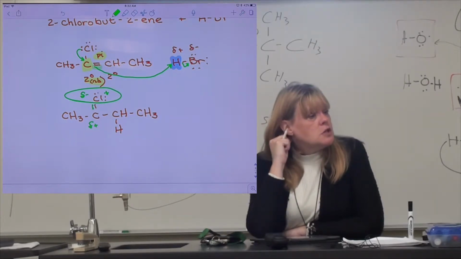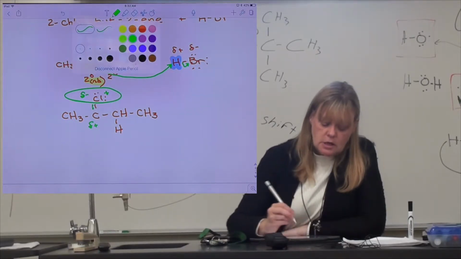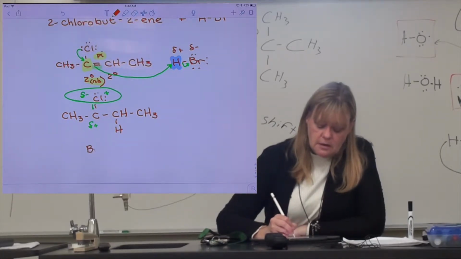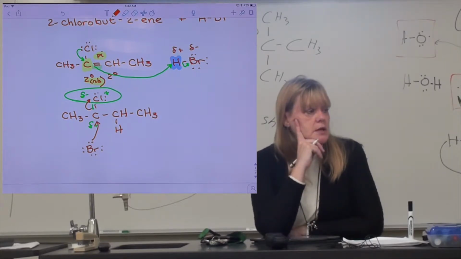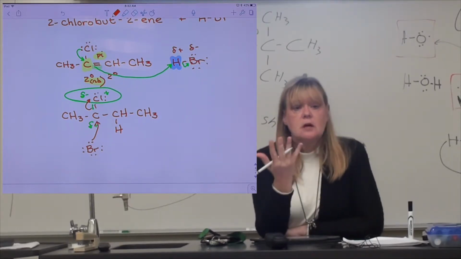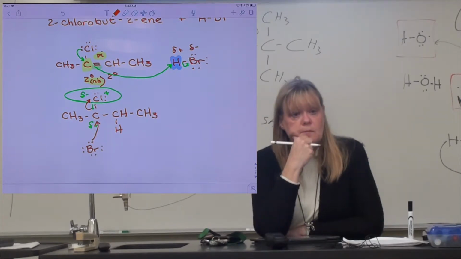So it's going to want to do something about it. So you still will take something that's electron rich, like the bromine and its electron pair, and react it with a carbon to give it a fourth bond so that it doesn't have to walk around with that double bond there all the time. So you treat it the same way as a carbocation, it's just that you have a stabilization feature in the middle there.